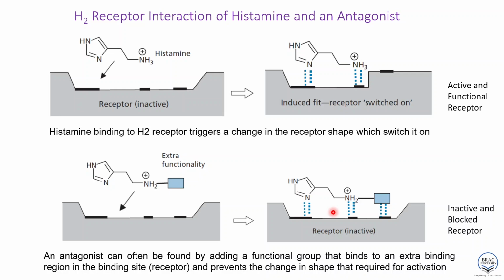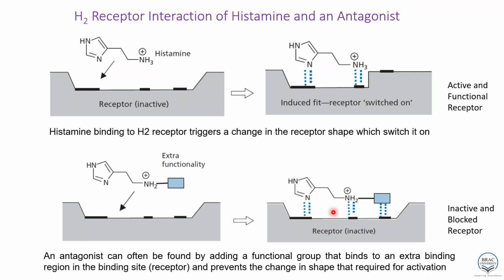So the take-home message is that the agonist mainly binds and activates the receptor, and the antagonist works in a similar way, but the antagonist will have one or more functional groups extra to that agonist, so that those extra regions will interact with extra binding regions of the receptor.